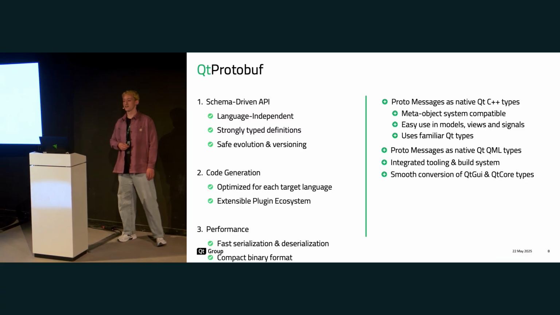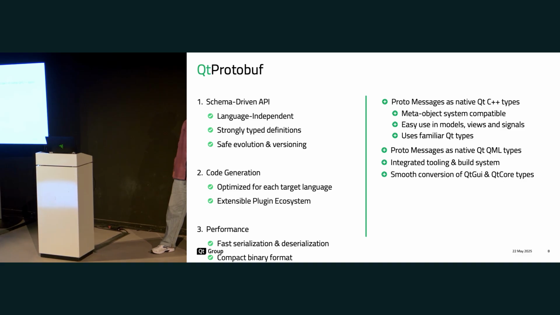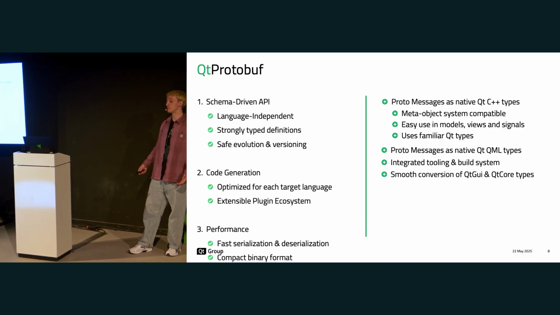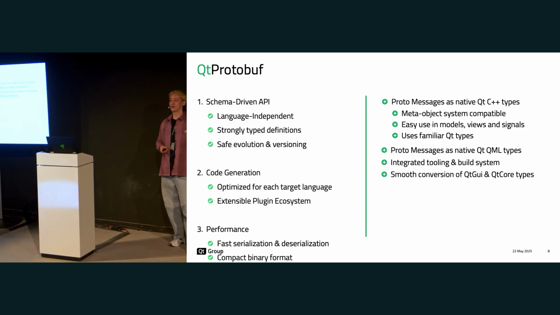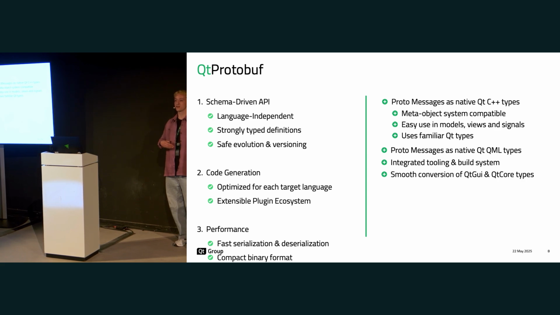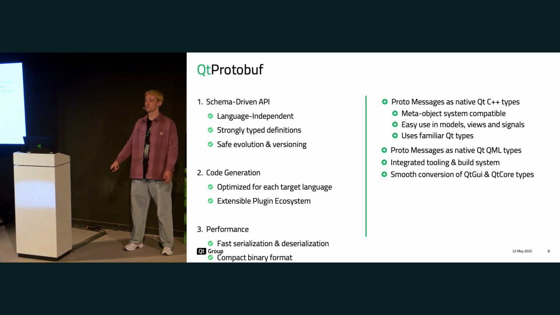We take all the good points of Protobuf, and then what QtProtobuf adds is that the messages are native Qt C++ types, meaning they're meta-object system compatible, they're easy to use in models, views, or signals, and the generated API uses already familiar Qt types that you know, like QString, QByteArray, QList, and it's therefore very easily integrated into the rest of Qt's ecosystem.